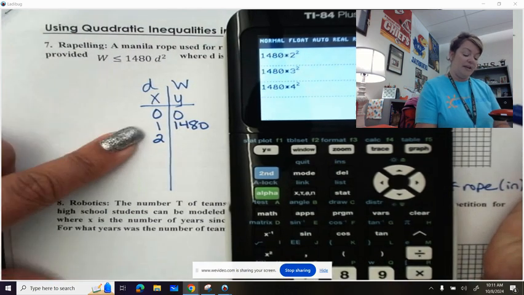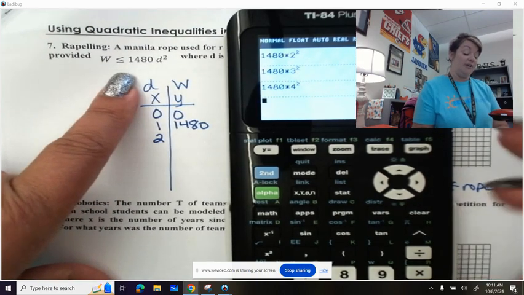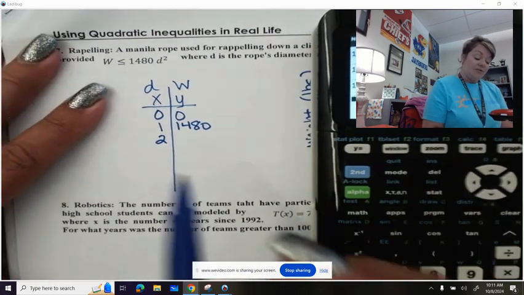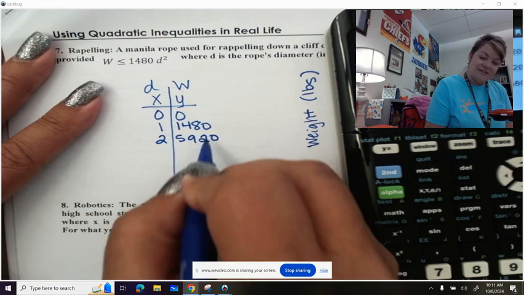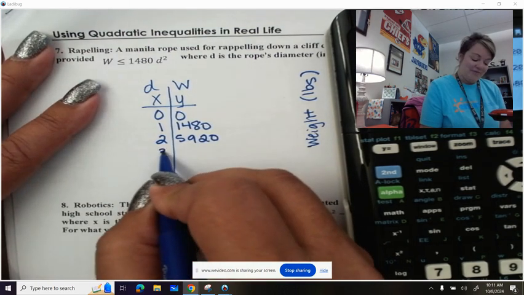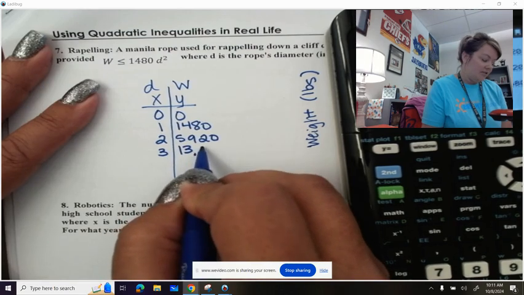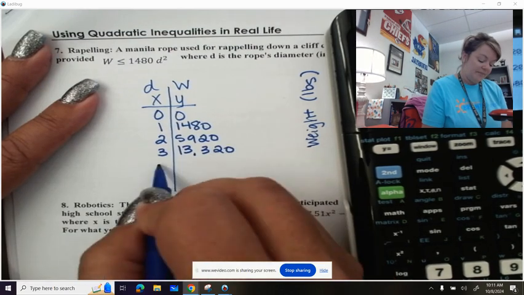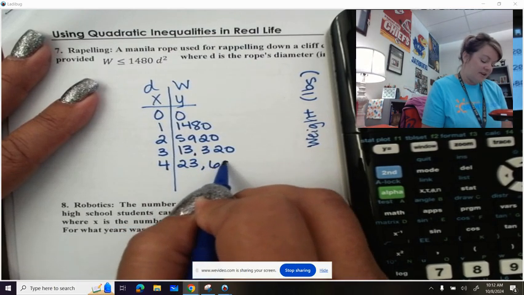I can also do this if I put this in y equals, I can go generate my table and it would do the same thing. So 2 squared, I'm at 5,920 pounds. 3, if the rope's diameter is 3 inches, it can hold 13,320 pounds. 4 is 23,680 pounds.